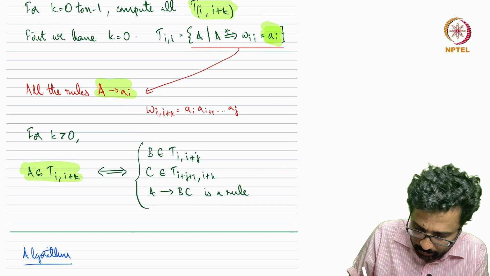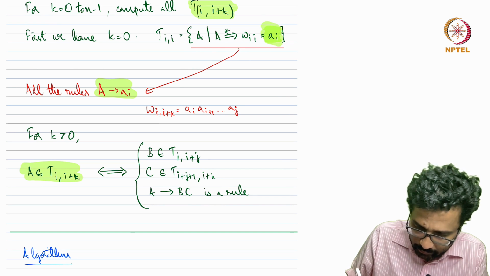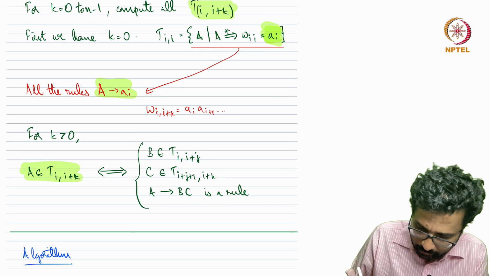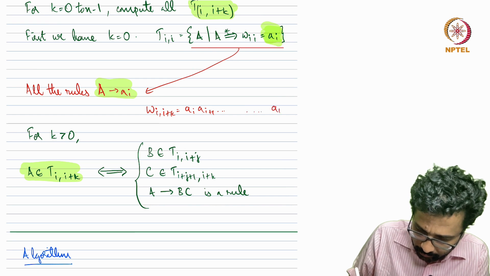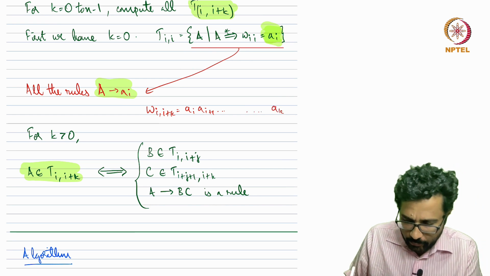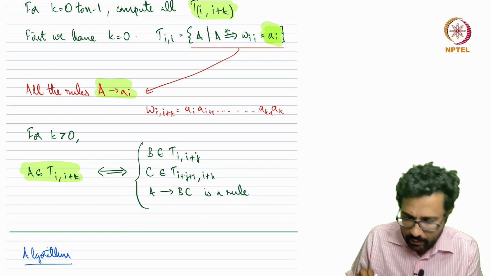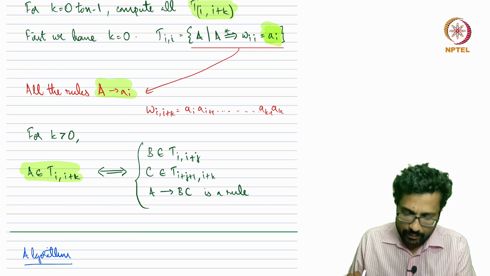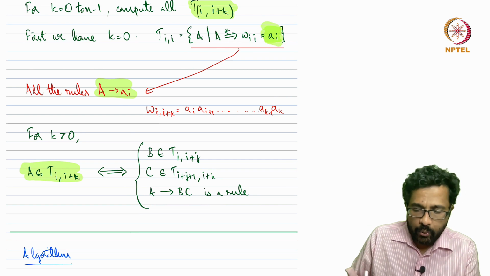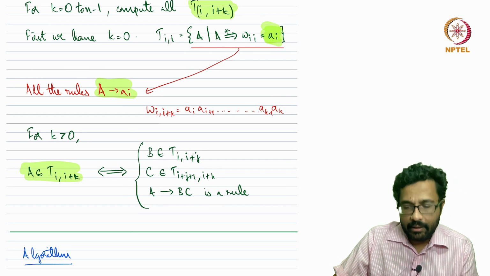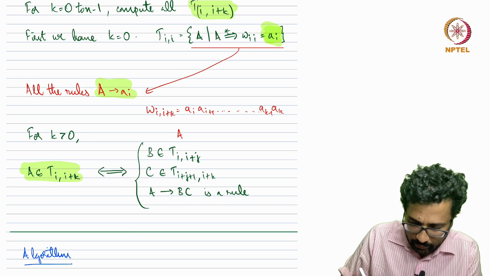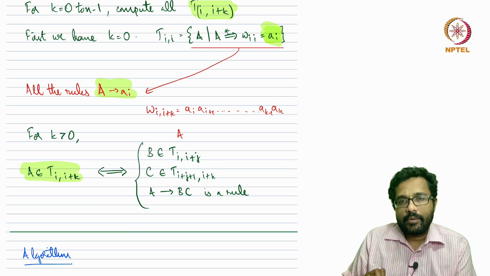I'm just splitting it like this, up to A k minus 1 and so on. So this is how W i plus k is written. And now how can a variable capital A derive the string?